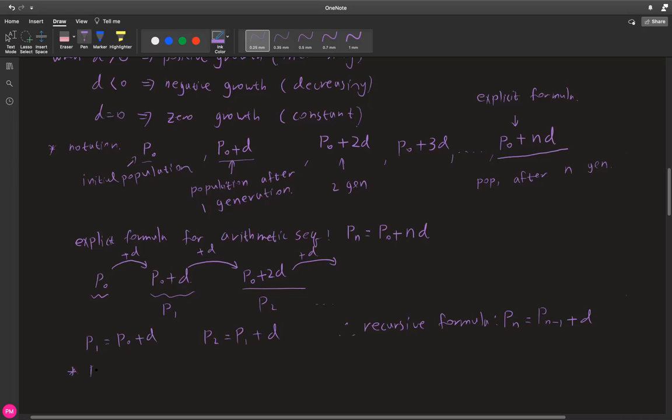So in case of negative growth, in other words, this would imply a decreasing sequence.